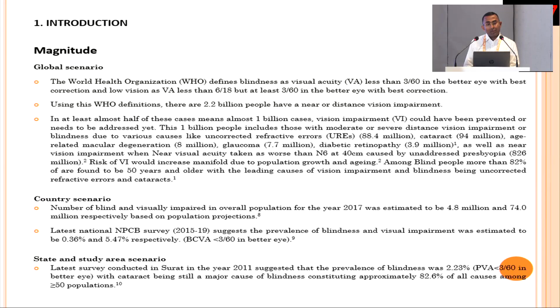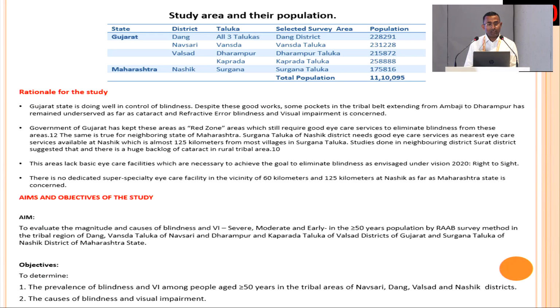As I am not going into details of the magnitude of blindness, because many of the speakers have already covered it, I am directly going towards my study area population. We studied in 6 taluks of Gujarat and 1 taluk of Maharashtra state.